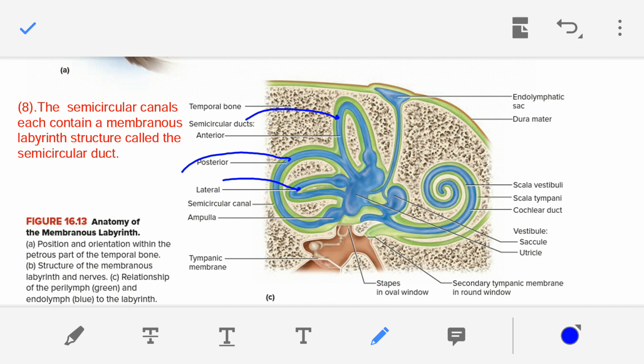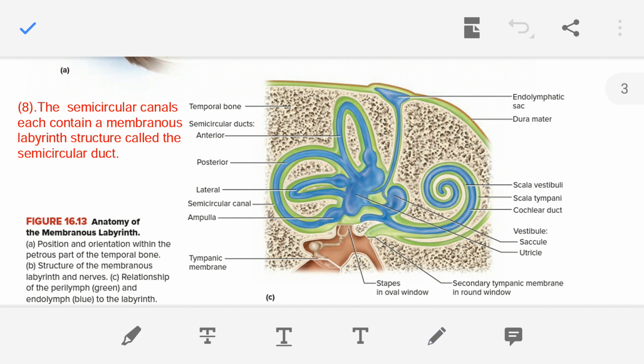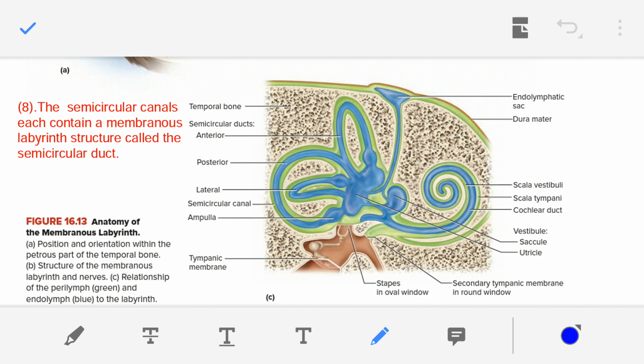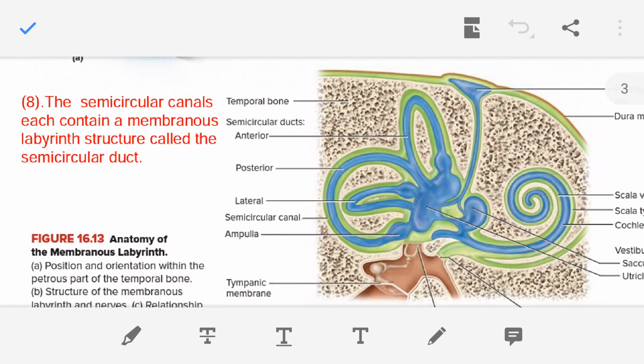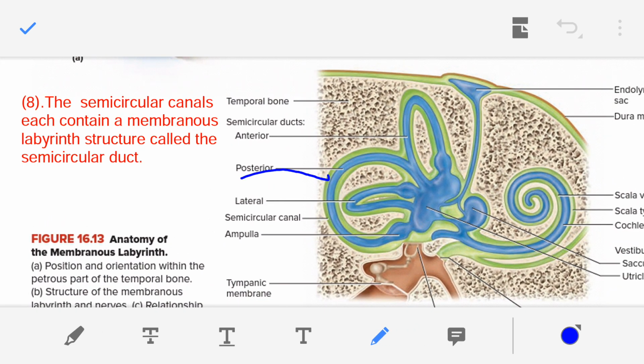Now each semicircular canal contains a membranous labyrinth structure inside. This membranous labyrinth structure is known as the semicircular duct.